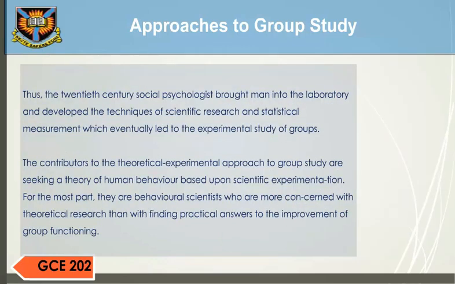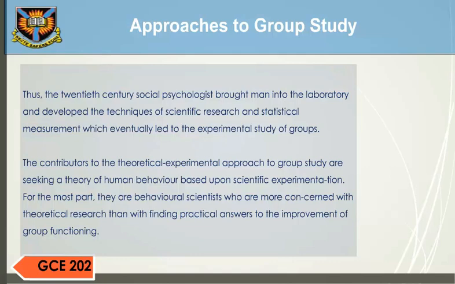Thus, the 20th century social psychologists brought man into the laboratory and developed the techniques of scientific research and statistical measurement, which eventually led to the experimental study of groups.